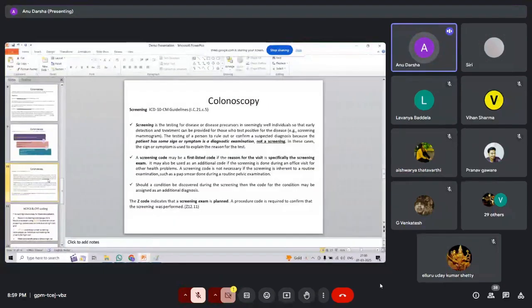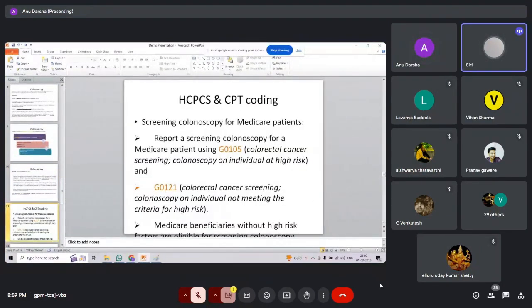G0121 is for colonoscopy on an individual not meeting criteria for high risk. If the patient doesn't have any personal or family history of adenomatous polyps and no family or personal history of colorectal cancers, and the patient's payer is Medicare, then you have to go with G0121.